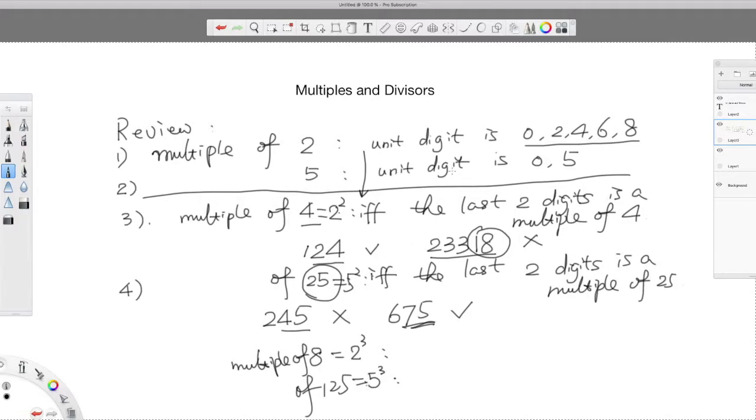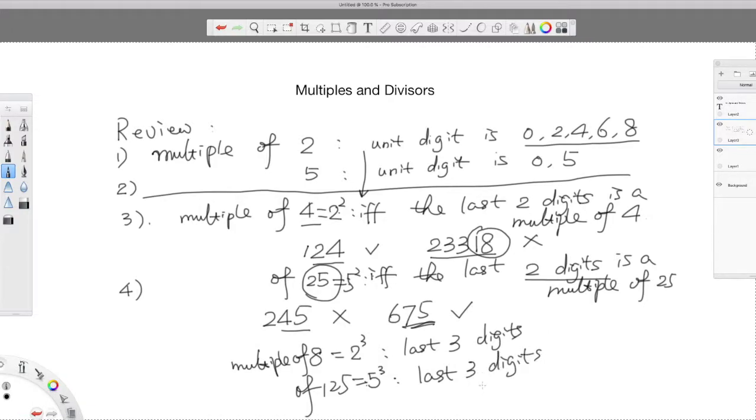For 4, which is 2 squared, you check the last 2 digits. For 25, you check the last 2 digits. And for 2 to the power 3, you're going to check the last 3 digits. Similarly, for 125, you're also going to check the last 3 digits.